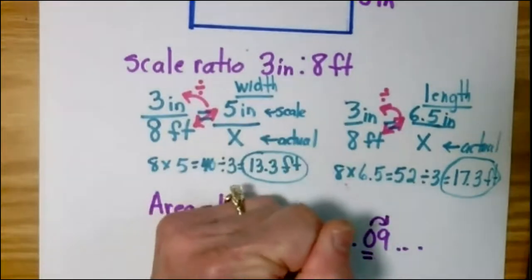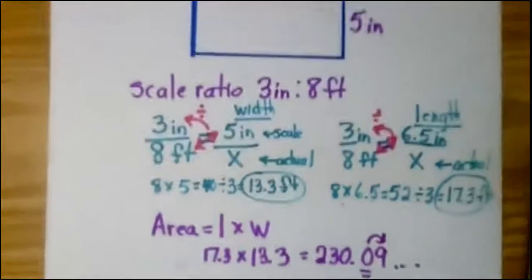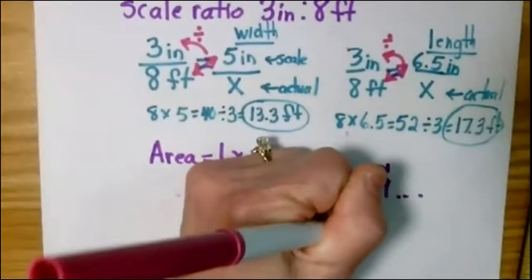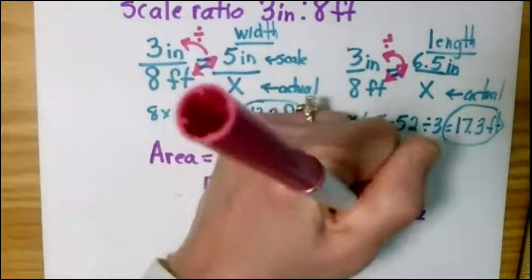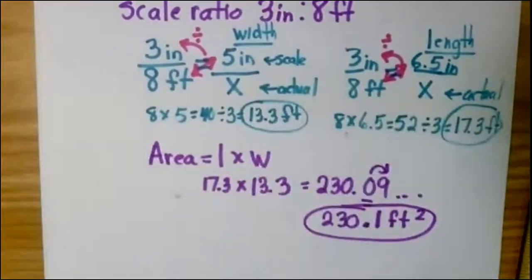So it's going to become 230.1 feet squared. Don't forget the little square. Now we're talking about area. So that is the answer to number 5 on page 239. If you need to pause, go right ahead, and then we'll see you for the next problem in a moment.